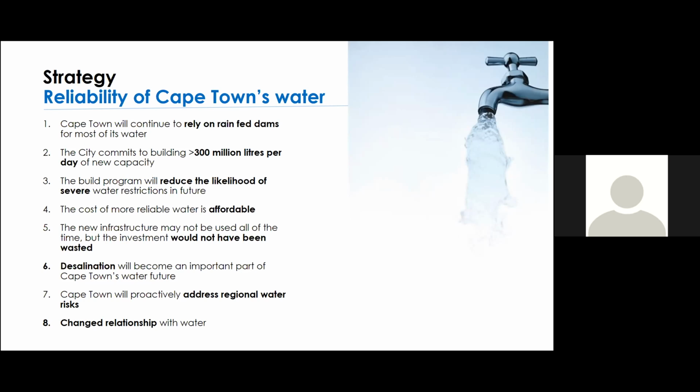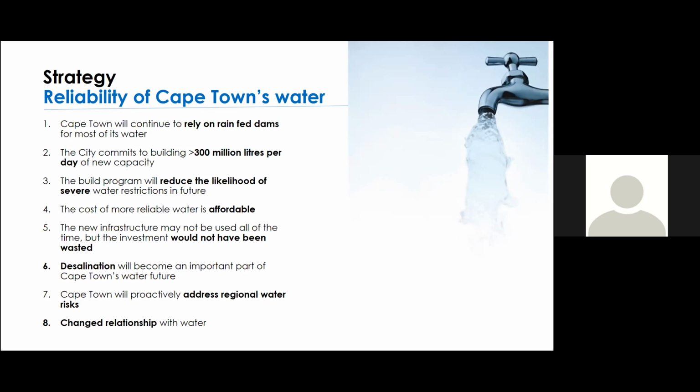One is that we will continue to rely on rain-fed dams for most of our water supply, as we build additional 300 million liters of new capacity over the next 10 years. This will come from desalination, groundwater abstraction through aquifers, as well as water reuse, amongst many other water conservation and demand management interventions.